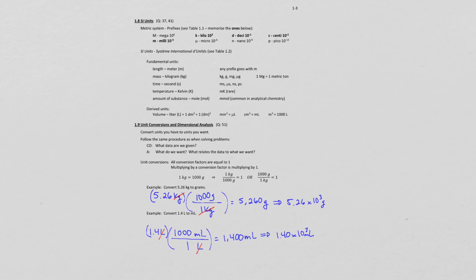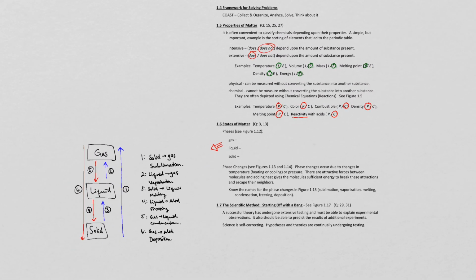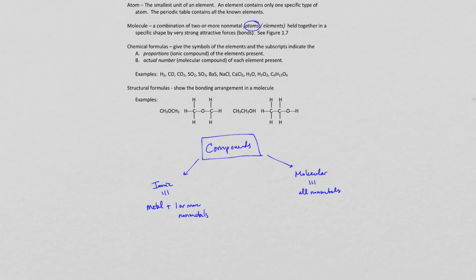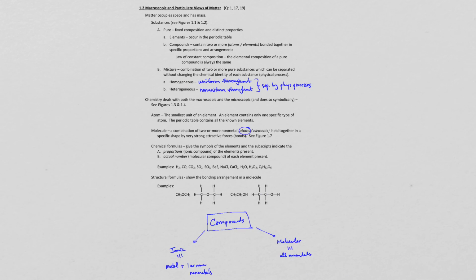Your prefixes that you need to know along with your fundamental units, your states of matter along with your properties and classifications would be great to have on hand. And lastly, everything we did to do with mixtures, atoms versus elements, and classifying compounds.